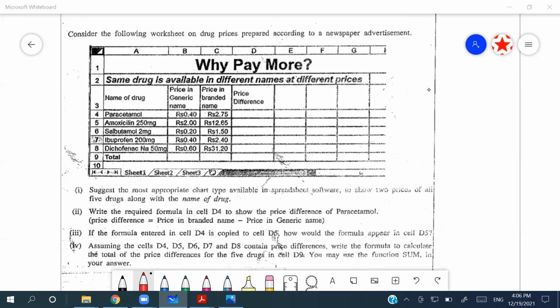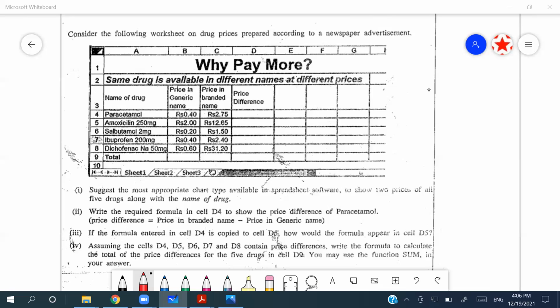The first one they are asking: suggest the most appropriate chart type available in spreadsheet software to show the prices of all 5 drugs along with their names.